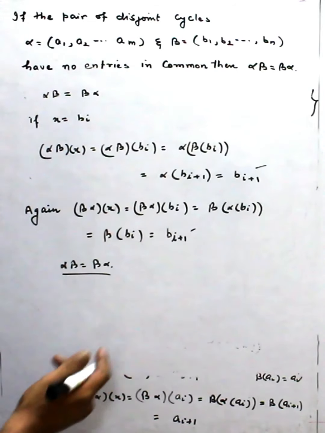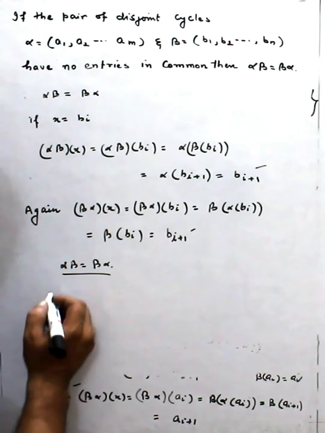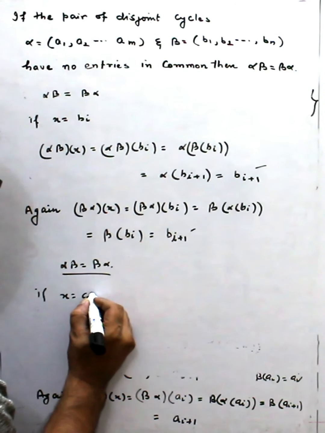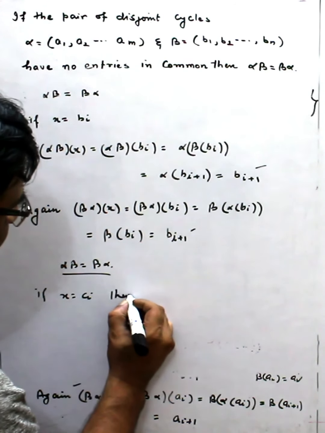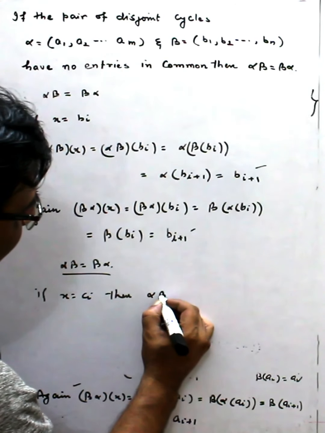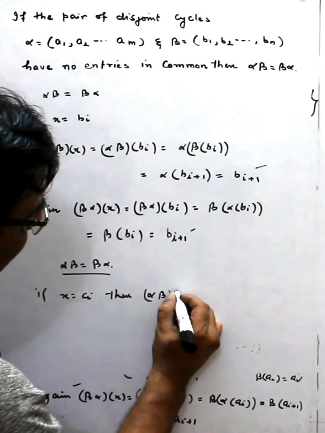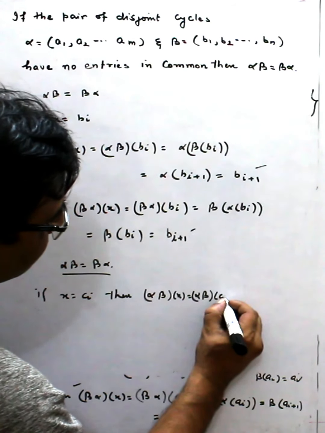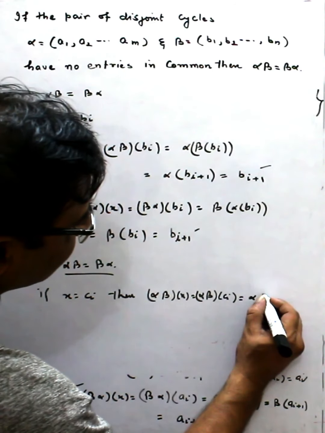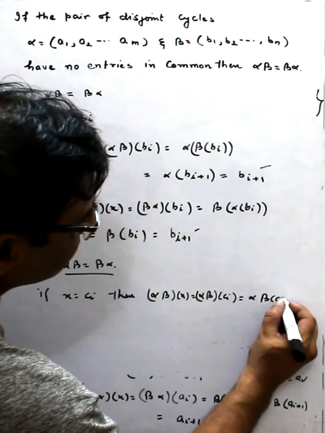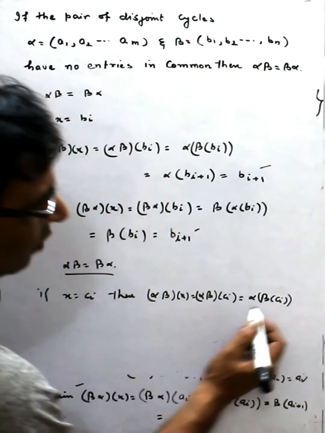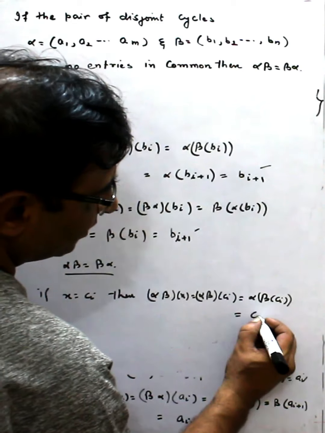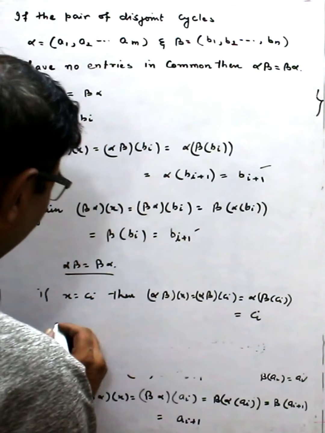Again, because the C's were also in S, if we take x equal to some Ci, then alpha beta x is alpha beta Ci. Now because Ci is not in alpha and not in beta, it remains Ci in both cases.